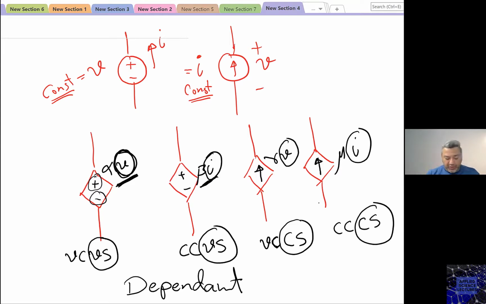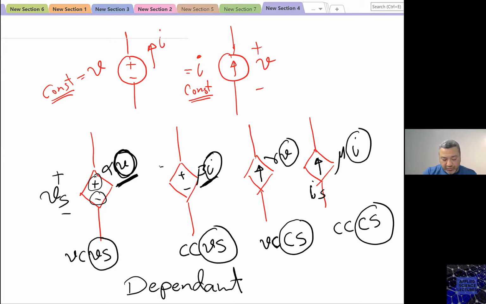Now, if I look here at this voltage as Vs, for example, then definitely Vs equals alpha V, then you can see that alpha is unitless, right? Same thing here. If I call this one Is, then Is equals mu I, then definitely mu is unitless.